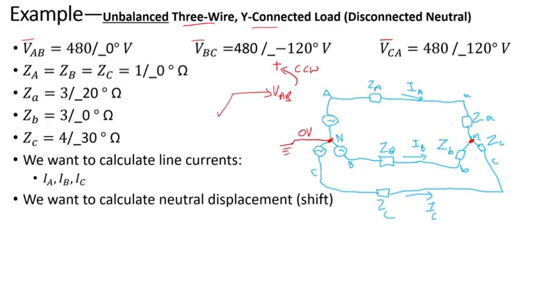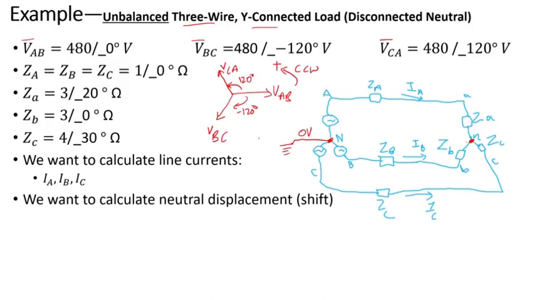Since they are balanced in this case, VBC would be here, because you're going in the opposite direction, so this is negative 120 degrees, and VCA would be here, because going from here to here is plus 120 degrees.